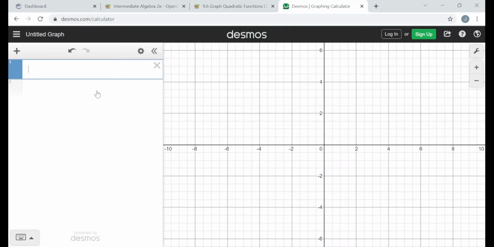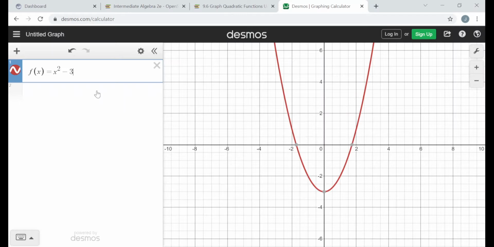And yeah, I'll just enter the function as it was given to us, f of x equals x to the second power minus 3. And you see our red graph there pretty well matches the green graph I drew by hand. Right, and there's your x-intercepts, y-intercept. Now we plotted this point, right, 0, -3.